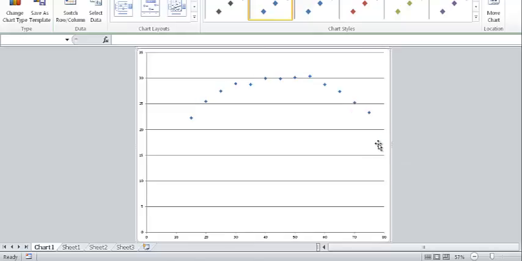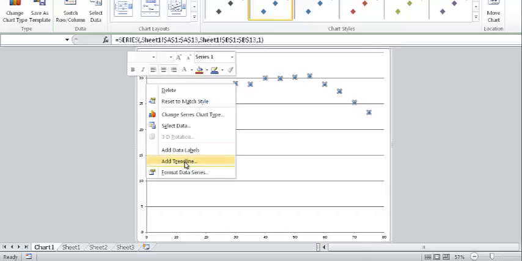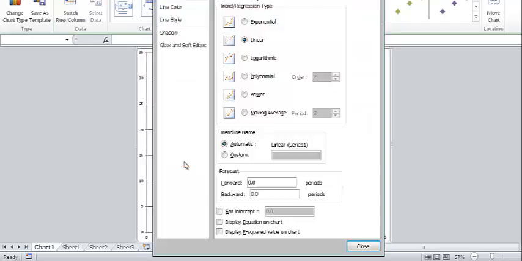Delete the legend. And then if you click on the data set and right click, it says add trend line. So that's my regression. And we're going to do a polynomial of order 2, that's quadratic. And we're going to display the equation on the chart.